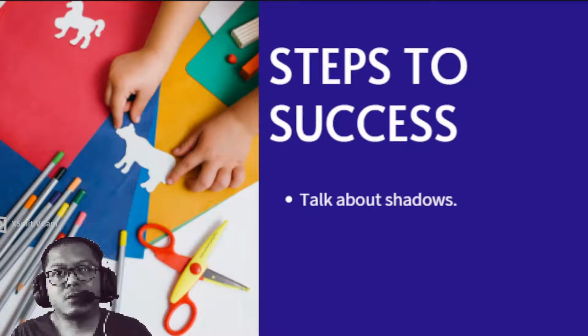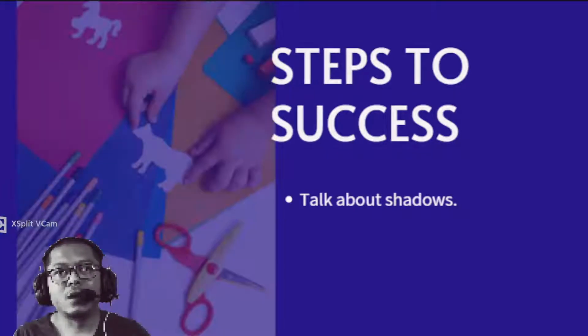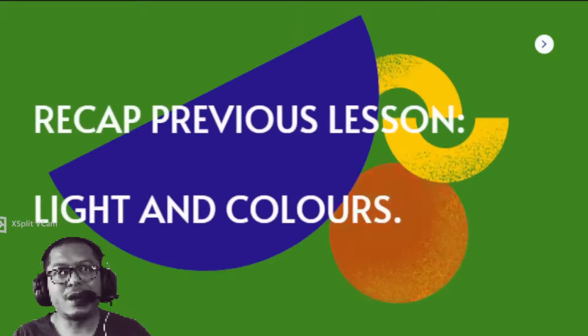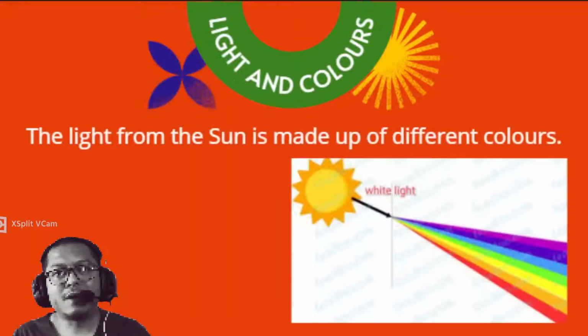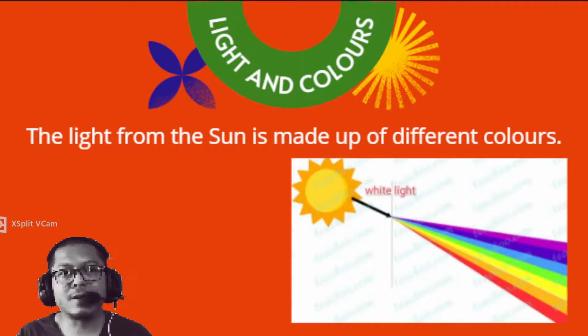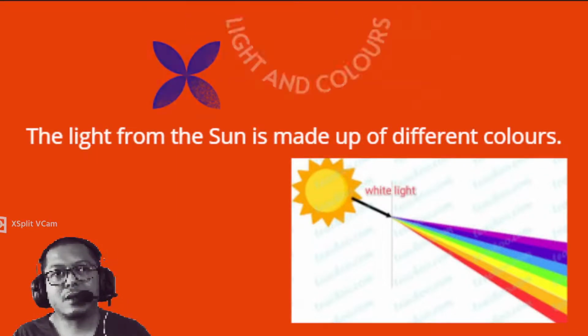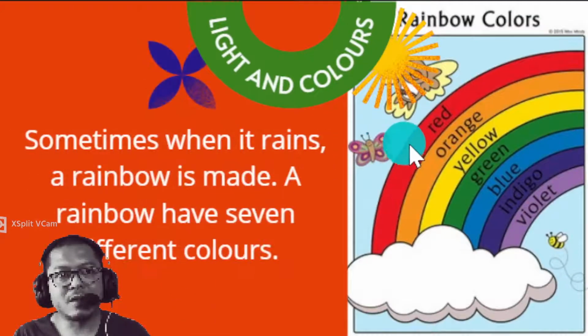So the step to success is we talk about shadow. Last week we talked about light, and this week we shall talk about shadows. But before that, we shall recap last week's lesson about light and color. As we have learned, the light from the sun is made up of different colors, and there are seven types of colors, and we can see them when it rains.